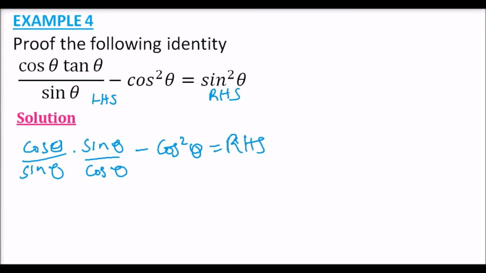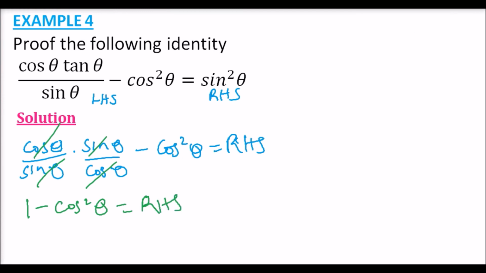So cos theta cancels with cos theta, sin theta cancels with sin theta, and therefore we will be left with 1 minus cos squared theta is equal to the right hand side.